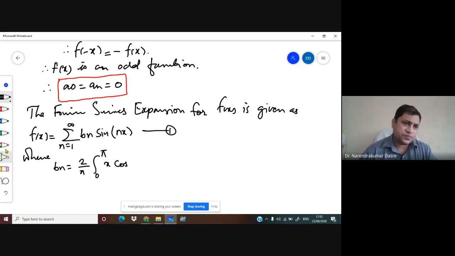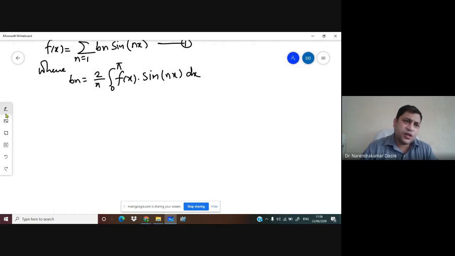f of x. Okay, first we'll write the formula and then we'll evaluate. So f of x sine of nx dx. Okay, so this is the formula. Now evaluate this.